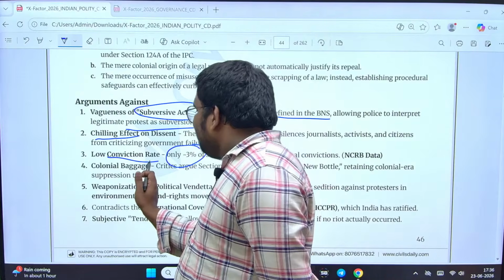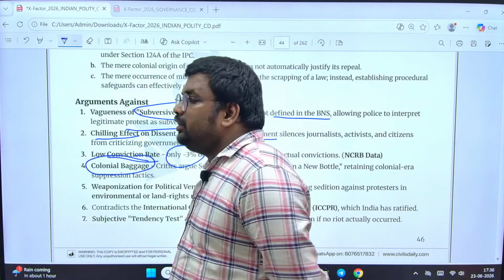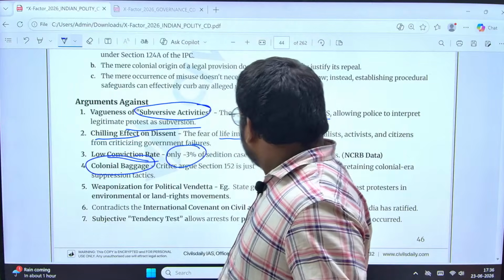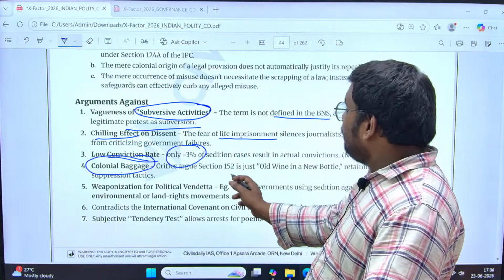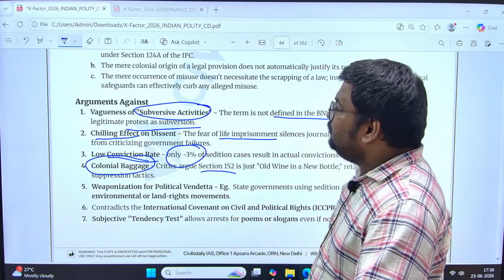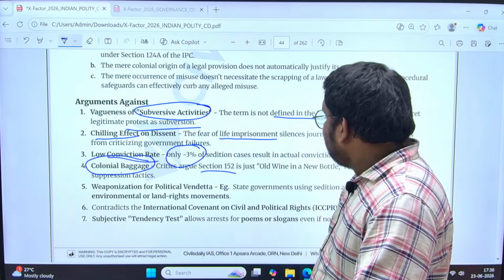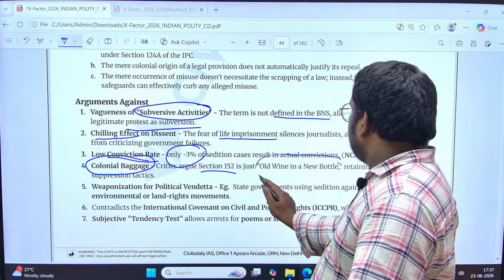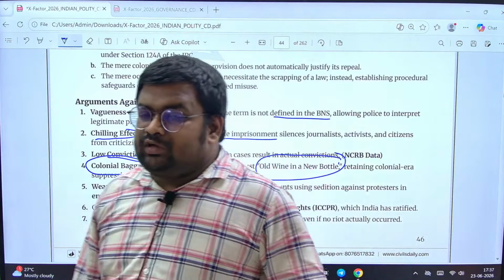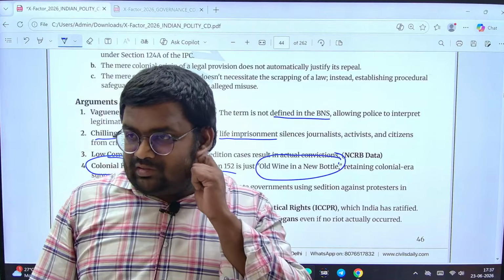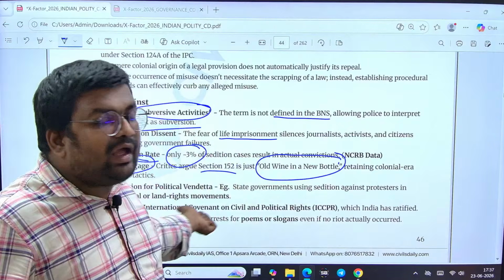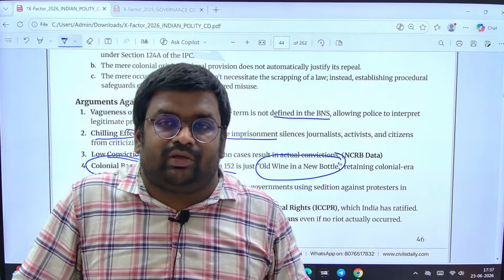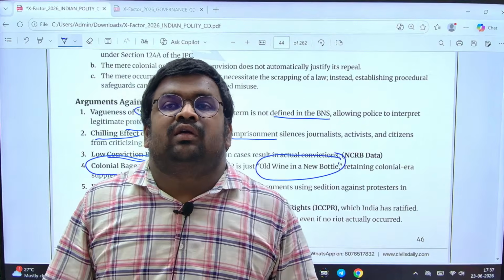Then the history of it, that is it is the colonial law aimed to suppress the dissent. Okay, so critics argue section 152 of the BNS, which deals with sedition, is old wine in new bottle. Right, so rather than simply writing it is the colonial legacy, you can articulate it in a better way. A colonial baggage.